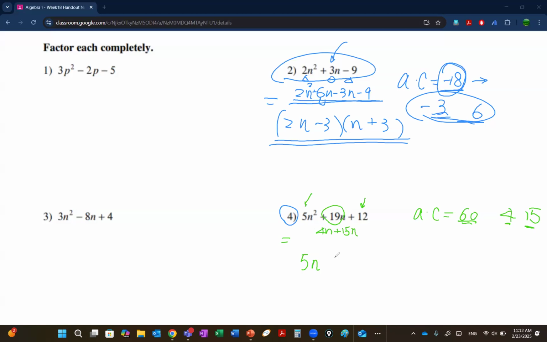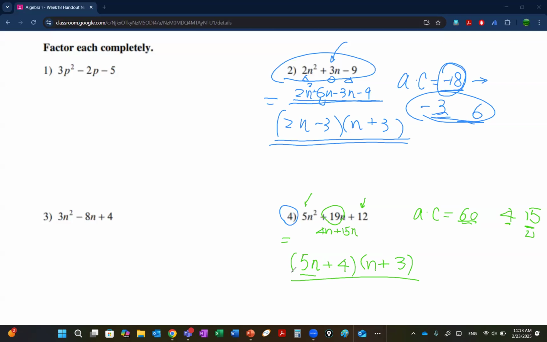So you guys can begin to do it this way. The 15 potentially comes from 5 times 3, right? Where does 4 come from? Can we do it this way? Much easier, right?